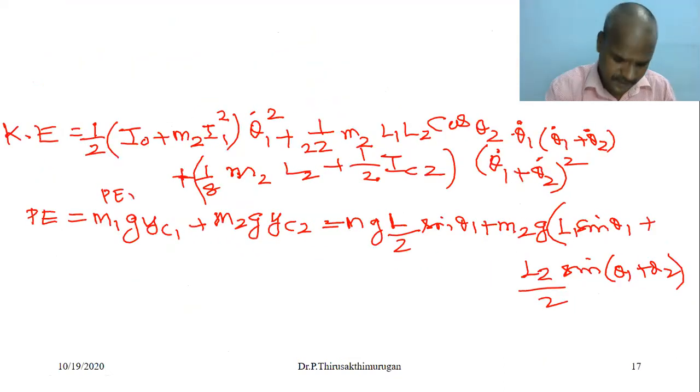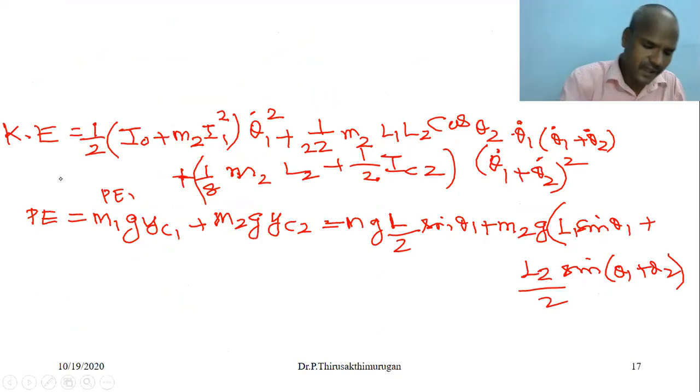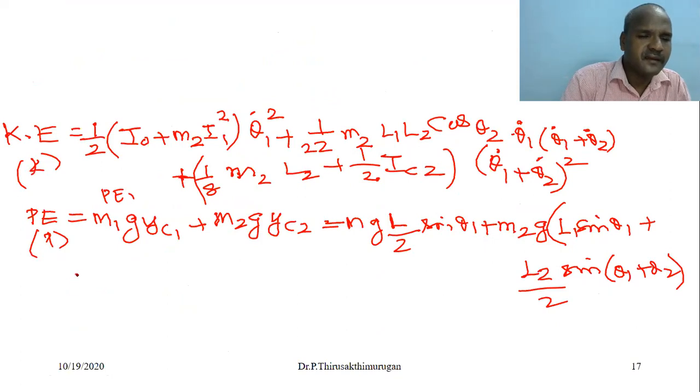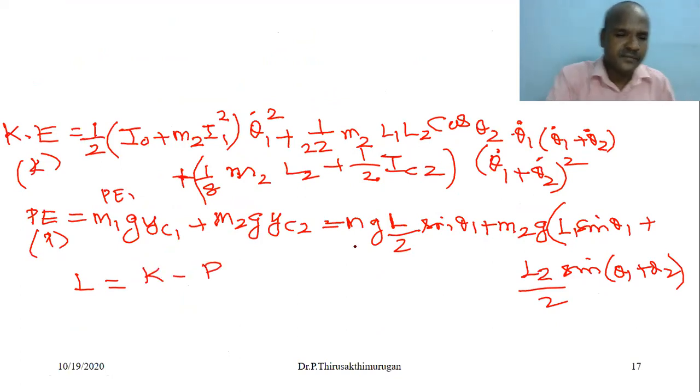You know the kinetic energy K and potential energy P. As per the Lagrangian expression, L equals K minus P. So now apply partial derivatives, dou L by dou theta.